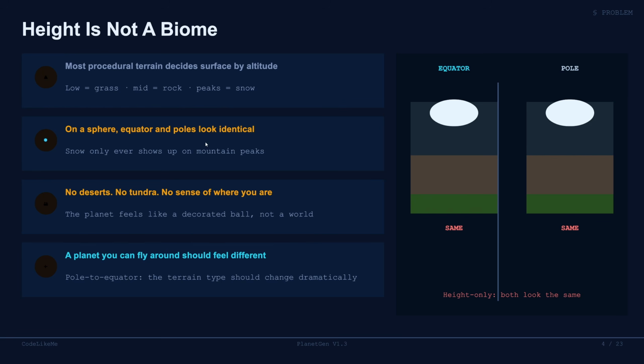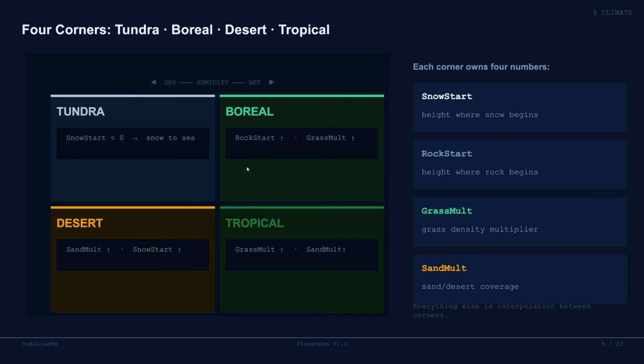But for the biome, it's mostly height based. But on a planet, just like on Earth, that's not the case. If it is only based on the height, then the equator and the polar regions will have the same biomes. But that's not how it usually happens.